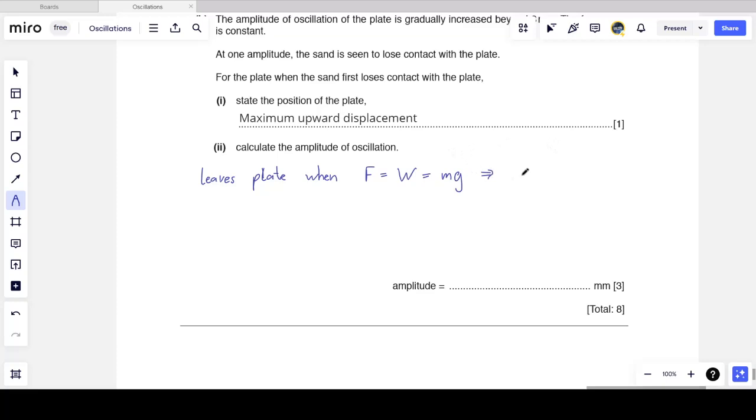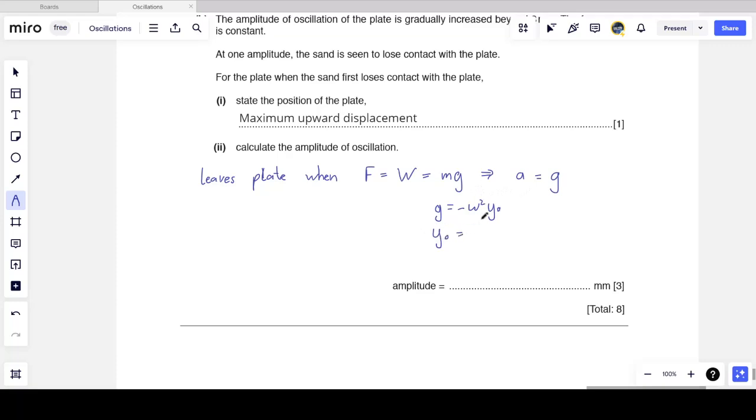And so this means that the acceleration a is the free fall acceleration g, which means g is equal to minus omega squared times the amplitude y naught.